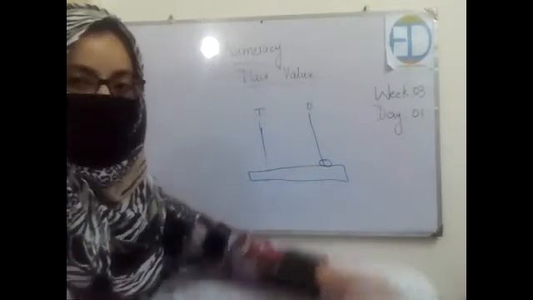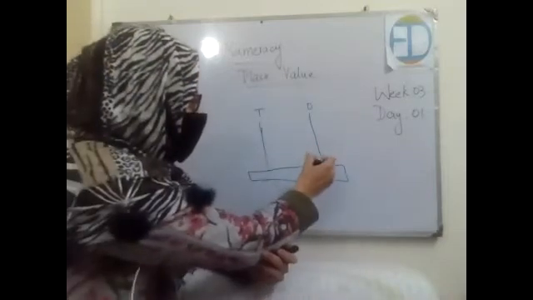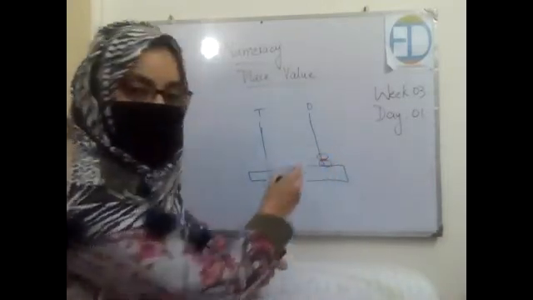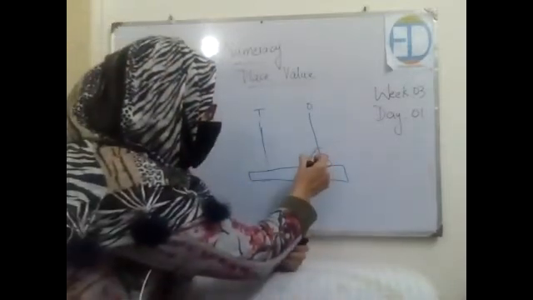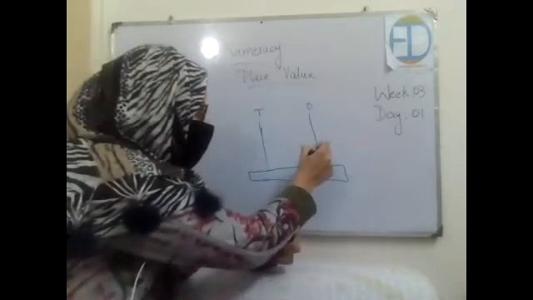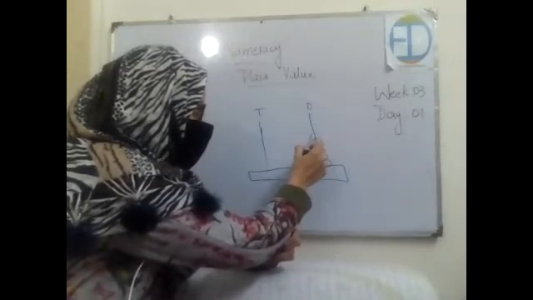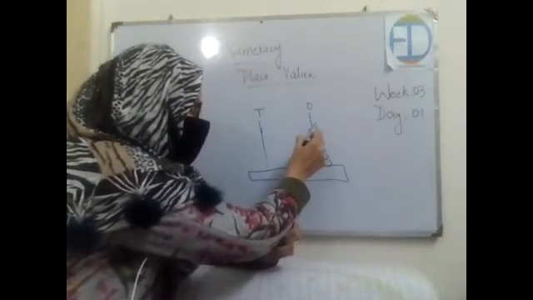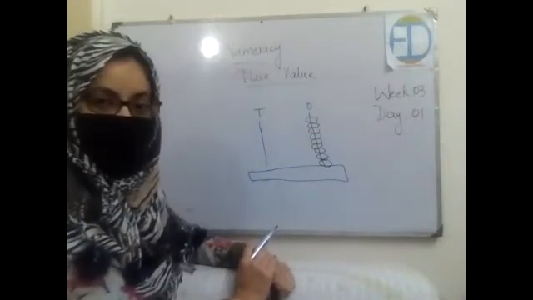How many ones are there? Only one, right? Let's add another one. How many ones are there now? Two ones, right? Now three, four, five, six, seven, 8, 9, right?